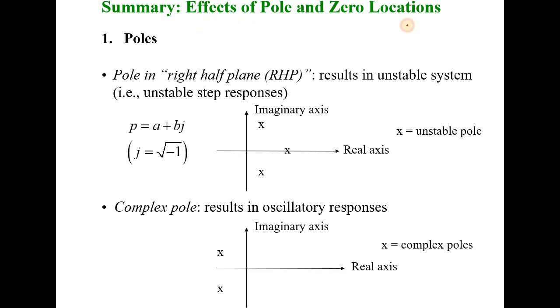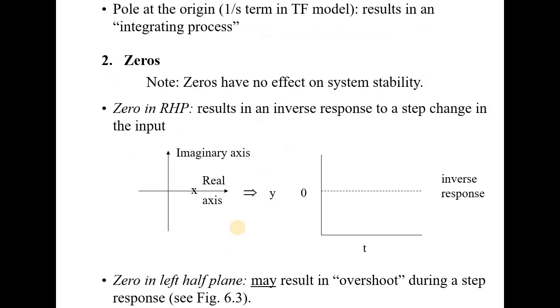So that's what we stated, and we already explained the effects of pole and zero locations. The poles, just as a summary, are denoted by this X here. They could be on the right hand side or the left hand side. If it is in the right half plane, as you may remember, it will be unstable, and if it's in the left half plane, it will be stable because I have negative real parts.